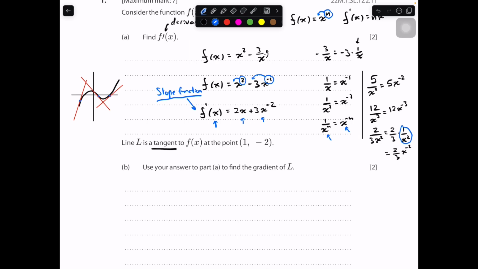So for example, if we wanted to find the slope of the function right here, we could put that value into our derivative. Let's say this is x equal to 3. We put x equal to 3 into our slope function, and out would come, who knows, maybe a value of m equal to 5 or something like that.